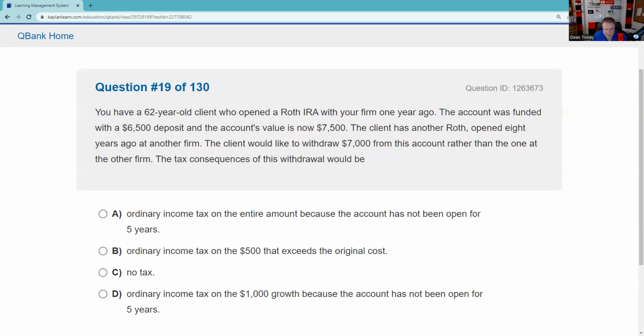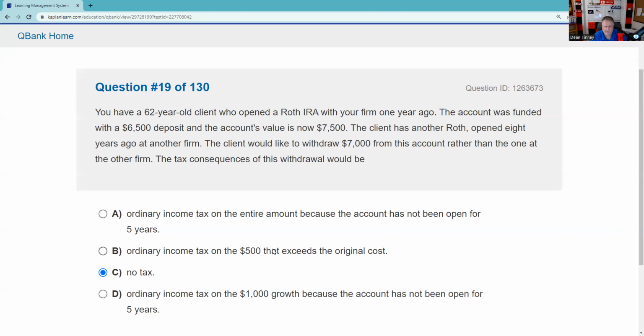The client has another Roth opened 8 years ago at another firm. The client would like to withdraw $7,000 from this account rather than one of the other firm. It doesn't matter here. The tax consequences, remember, will be no tax here. Remember, now the other one, we didn't have it, right? So it depends on how long you've had it. It has to be there 5 years. So that's why the one is not going to be a problem and the other would be. So there's no tax there.